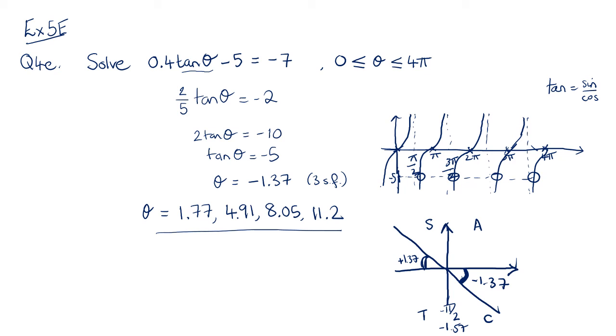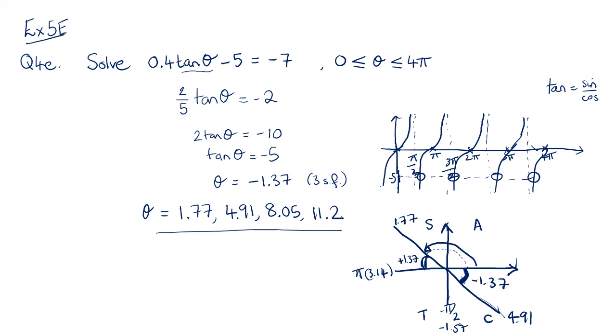So from my point here, what we're doing is adding pi to get us around to this angle here, and that is our 1.77, which is basically 3.14 minus that 1.37. So there's my first answer. If I add another pi to get back down to this line, that's my 4.91.